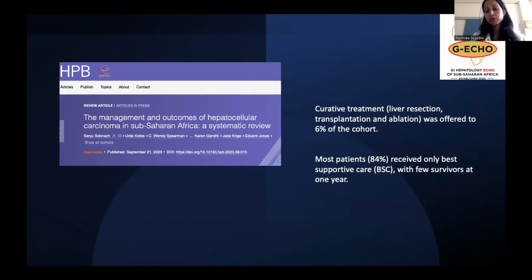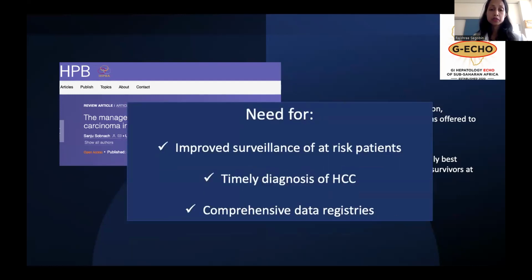In fact, the majority of patients, 84% actually, only receive best supportive care, with very few survivors at 1 year, which makes the need for improved surveillance of at-risk patients very important. Even more important is the timely diagnosis of HCC and the need to build up comprehensive data registries to further research and improve management of these patients.